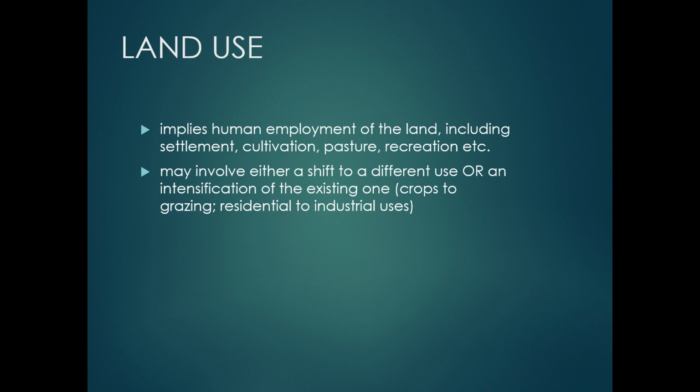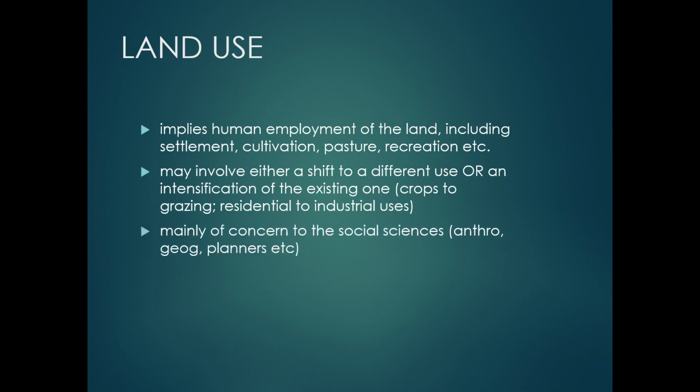Or we could refer to the intensification of existing ones. For example, agriculture. We may see a shift from use for crops to using the same land for grazing. So land use refers to the human use. And of course, what we're looking at is changes in human use for land.